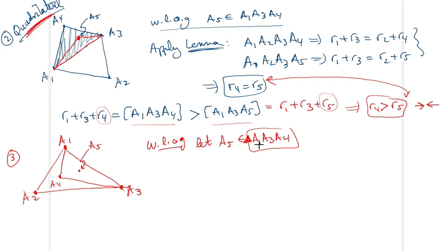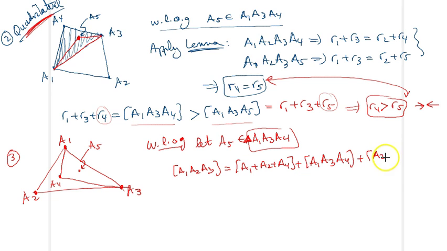Now what we can do again is the following. Consider the area of triangle A1, A2, A3. Well, that is equal to A1, A2, A4, plus A1, A3, A4, and A2, A3, A4.